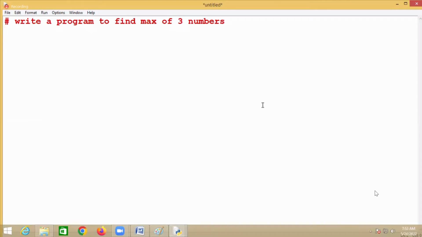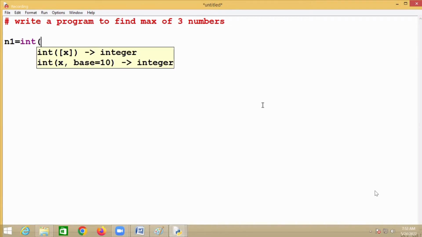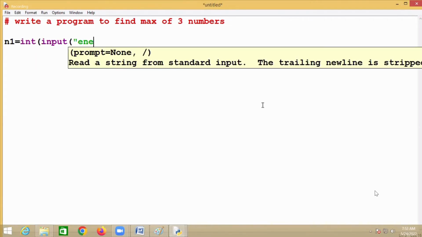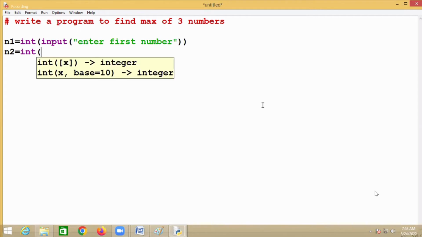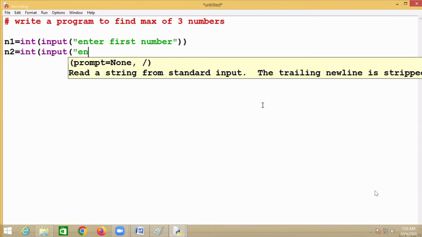So I input three numbers. N1 equal to integer of input, enter the first number, and N2 equal to integer of input, enter the second number.